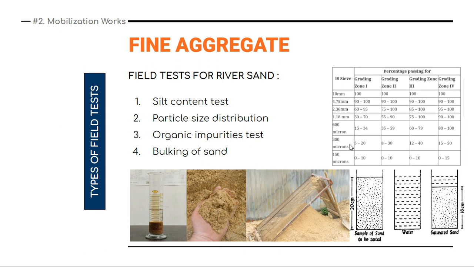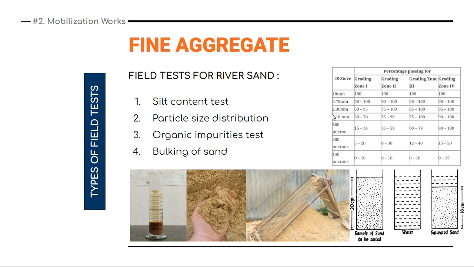You just need to put the sand sample in the top, arrange the sieves in a pattern, and shake it properly. After shaking for 2 minutes, the sand will be graded by itself. After taking the weight on the various sieves, you can find out the gradation, and based on that you can find out the fineness modulus of the sand.